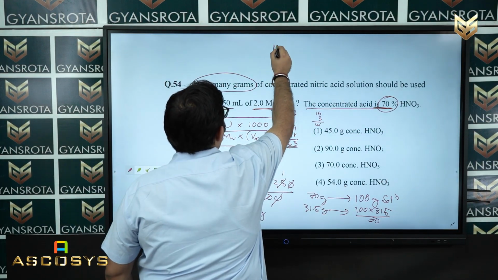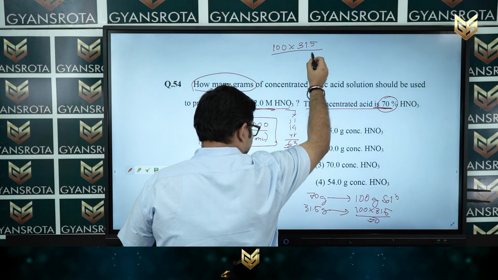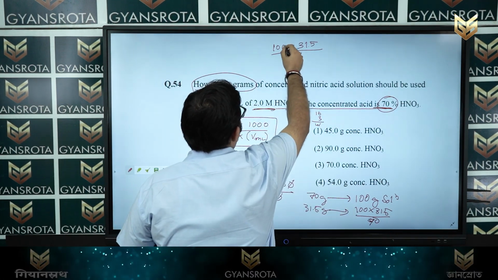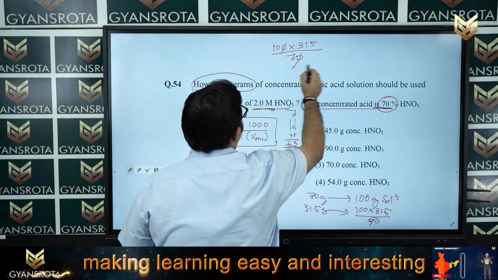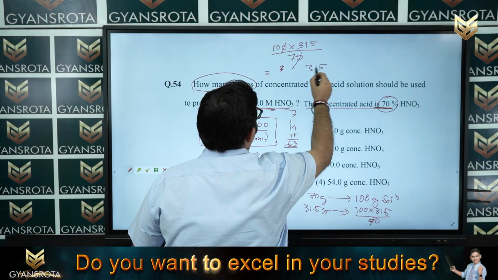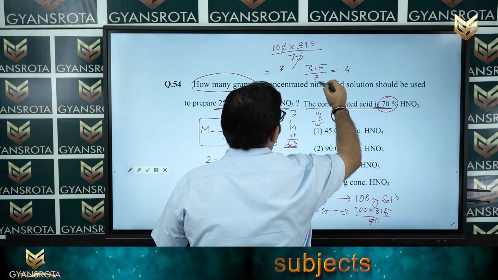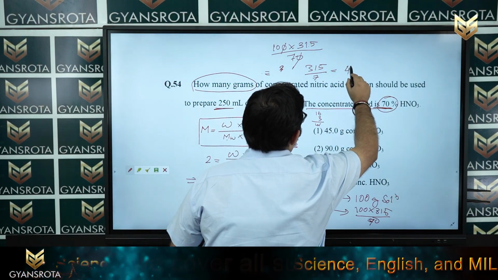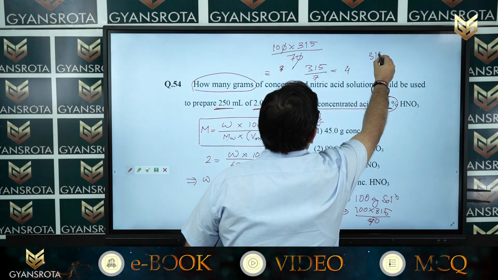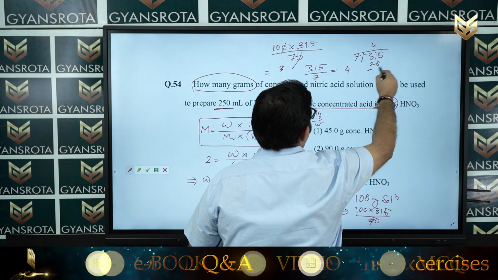Okay. So let's do the calculation: 100 into 31.5 divided by 70, and it will end up with 315 by 7, 4, that is 28, it will be 45, wait, 315, yes.